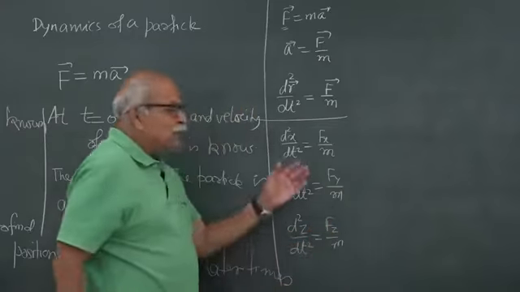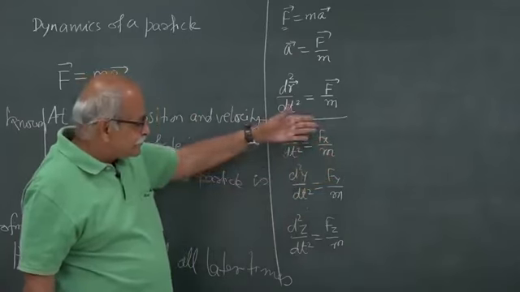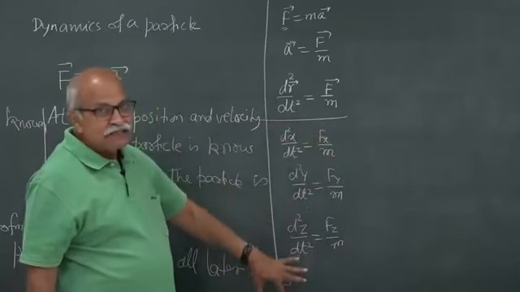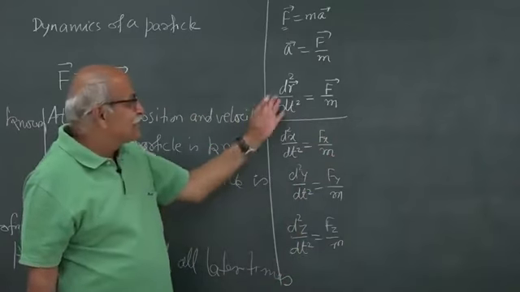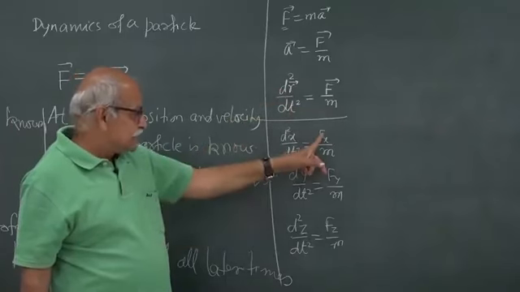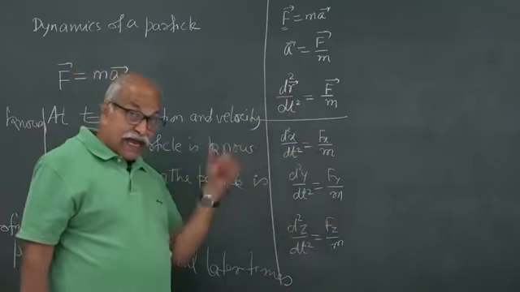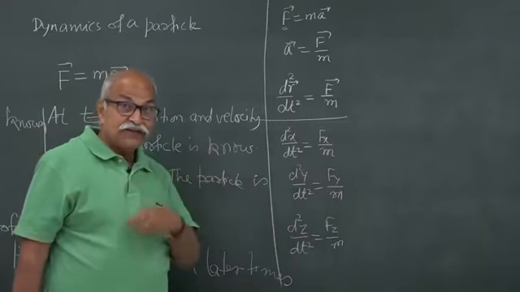You can also use other types of coordinate system other than Cartesian, then the equations will be different, but you will have three equations. So, this vector equation is a combination of three equations, and each of these Fx, Fy, Fz can be a function of space point or function of time.